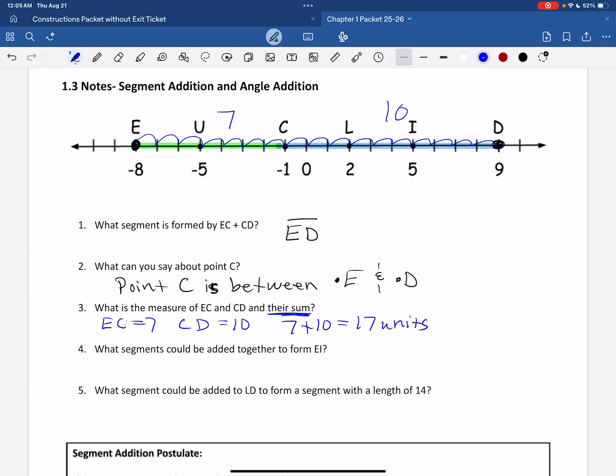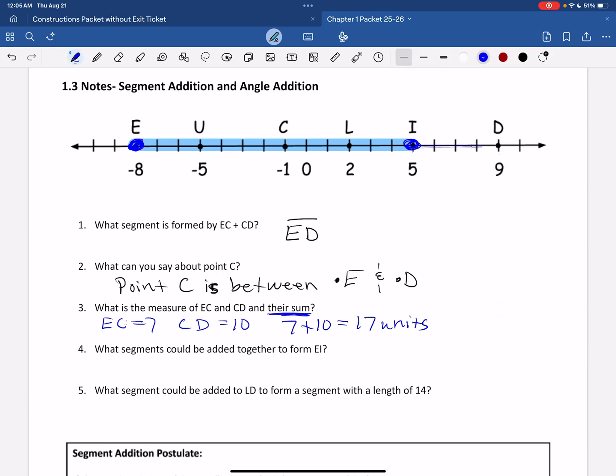All right, and then what segments could be added together to form EI? So let me get up here and erase this. And so if I wanted to create segment EI, then remember, a segment is named by its endpoint, so I need to start at E, and I need to end at I, and I need two segments.